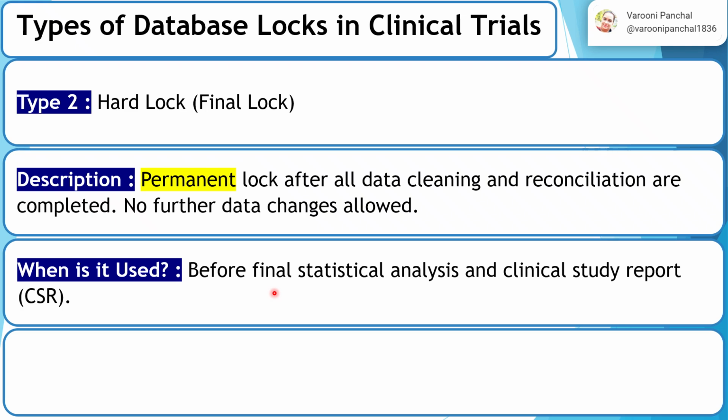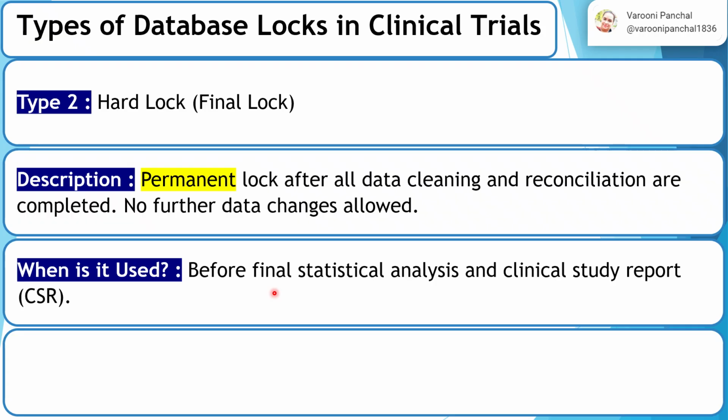Now that is the draft version, right? So draft version statistical analysis can be done before the hard lock, so the programmers and the biostatistician get sufficient time to keep their codes ready.